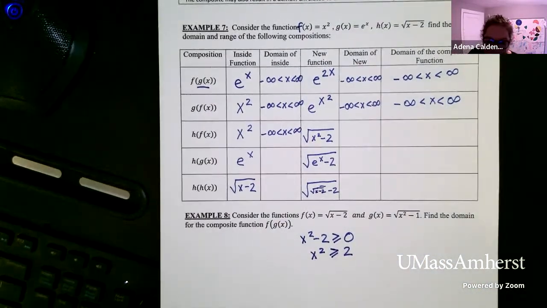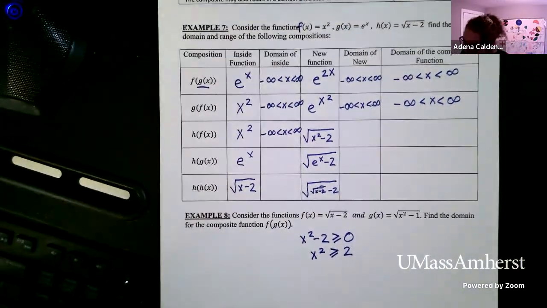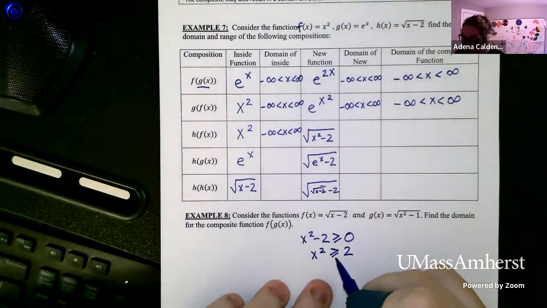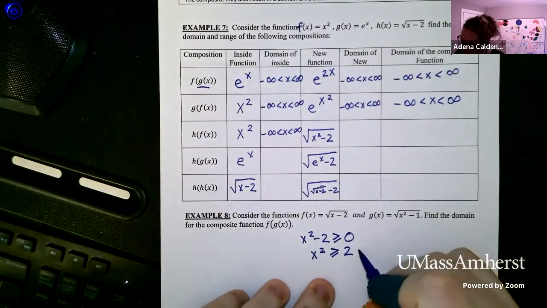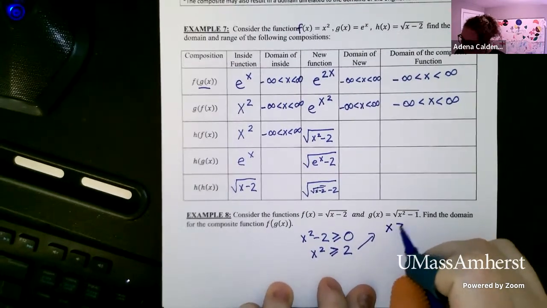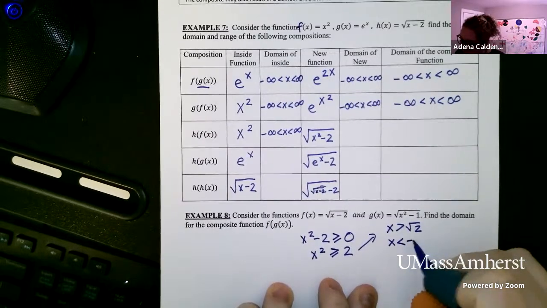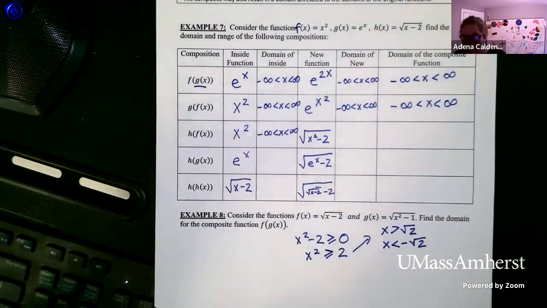And hopefully you remember inequalities from when you took algebra a long, long time ago. If x squared is greater than or equal to 2, then what that tells us is that x has to be greater than the square root of 2 or less than negative square root of 2.